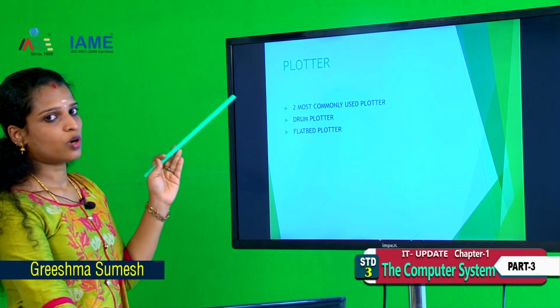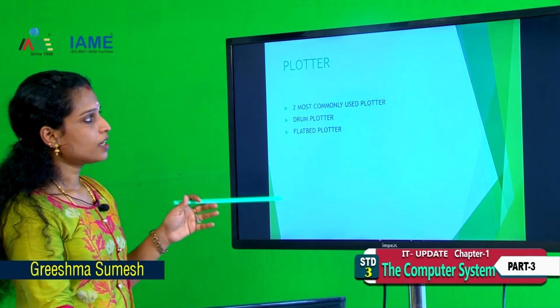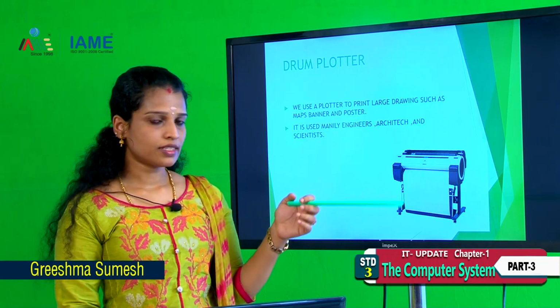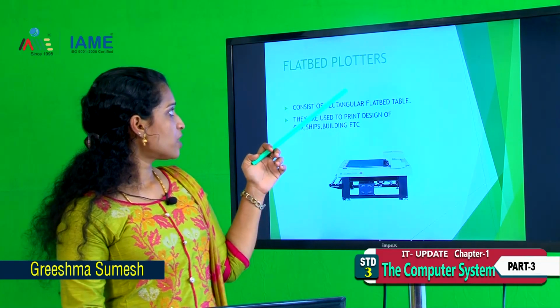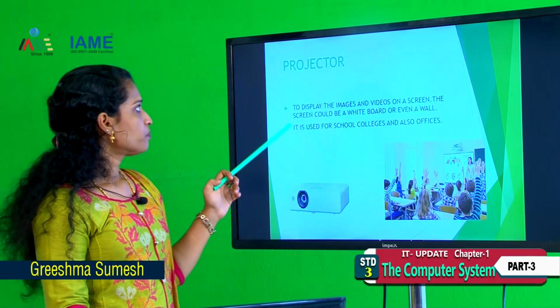Then plotters, two types: drum plotter, flatbed plotter. Drum plotters are used for large drawings such as maps, banners and posters. Flatbed plotters consist of a rectangular flatbed table.